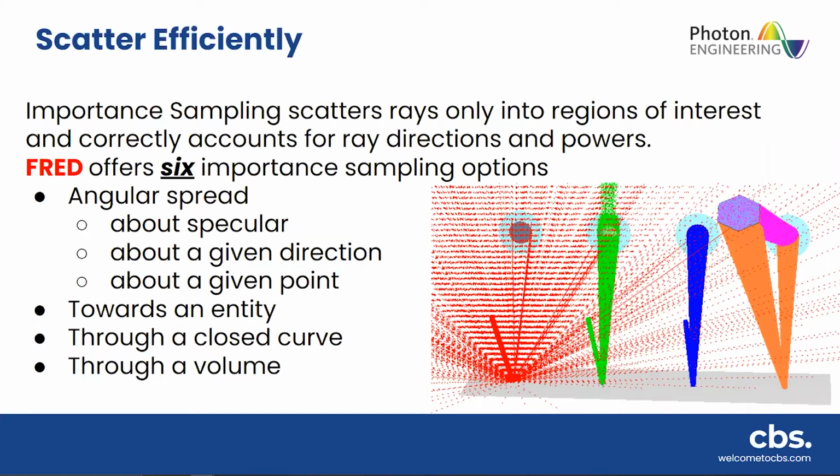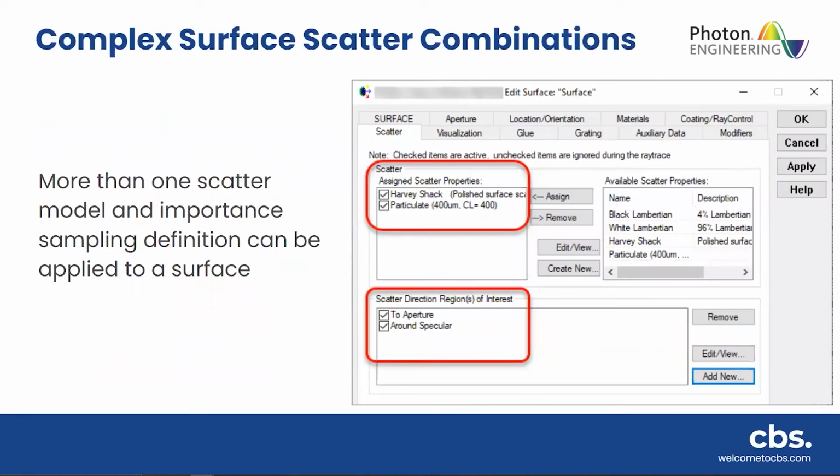So the importance sampling is of course critical. But the other feature that Fred has that makes it quite suitable for Straylight is the fact that we can mix and match scatter functions and importance sampling definitions as well. So we can have more than one scatter model and more than one importance sampling definition applied to a surface.